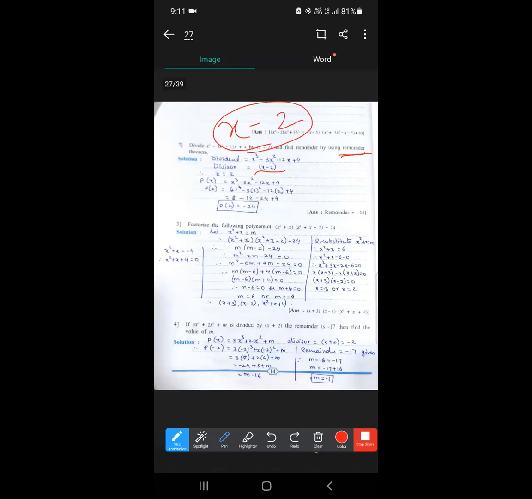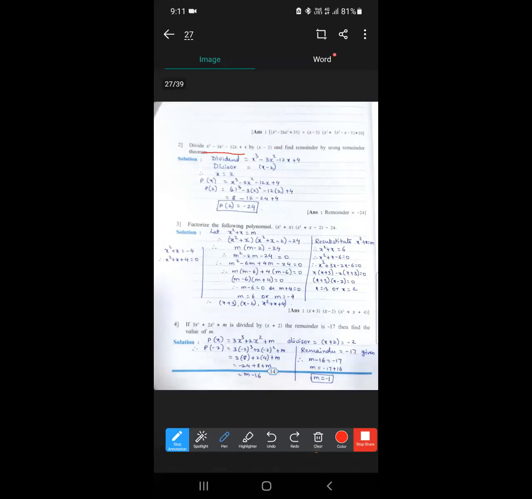So x minus 2 is equal to 0. So this is the equation. What will be the value of x? It will be x is equal to 2. This x is equal to 2, you will substitute in the given polynomial.